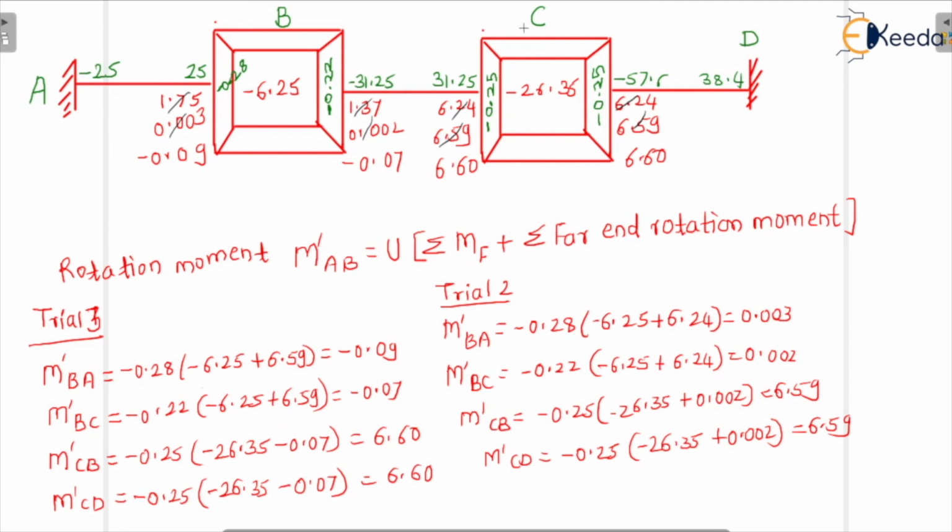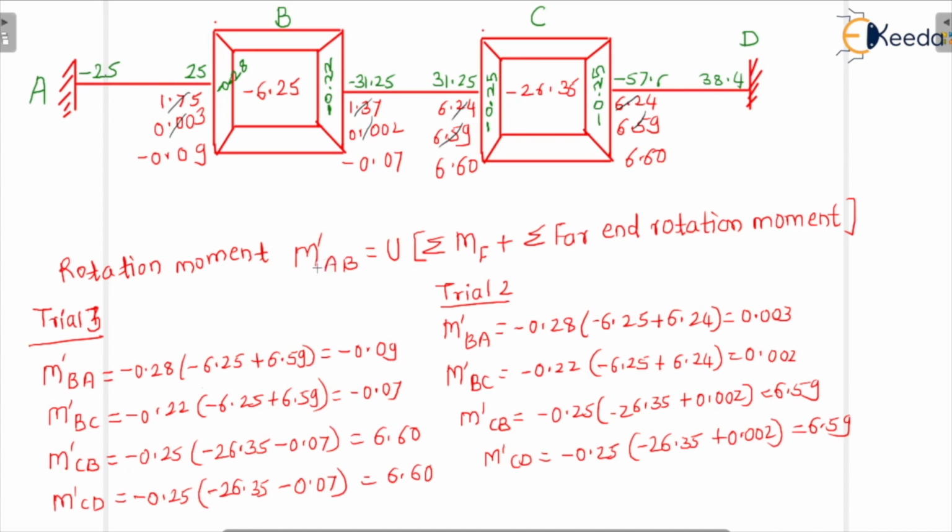So A, B, C, these boxes are drawn in place of the intermediate supports, and we have written the rotation factors over here. Once we have written the rotation factors, the difference of the moment, the net moment, is written inside the box, and then we have done our trials.